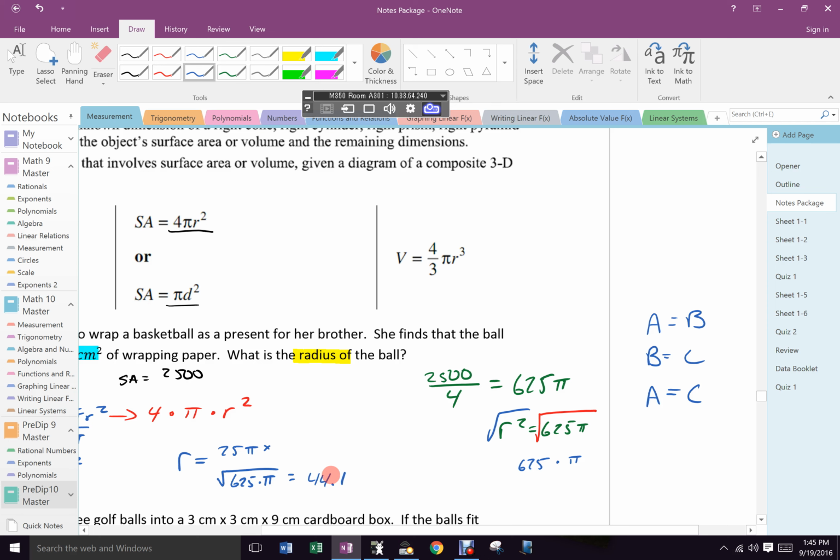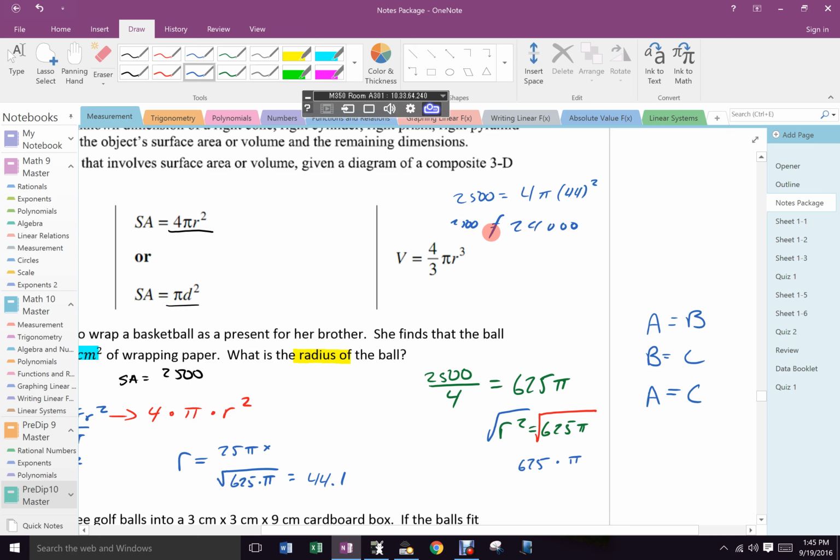Because if this is right, then 2,500 should equal 4 times pi times 44 squared. And does it? No, because this is 24,000 and something, isn't it? So we're still not okay.